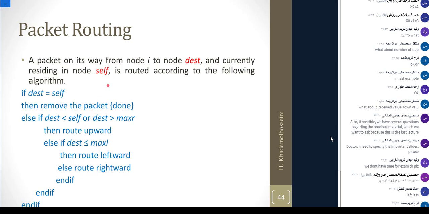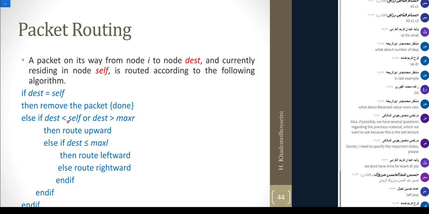Why if dest less than self? Self is the current node. Dest is the destination. Why? If dest is less than self, then we go upward. Tell me why?